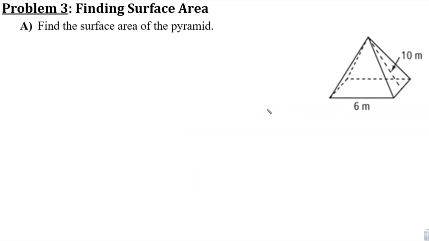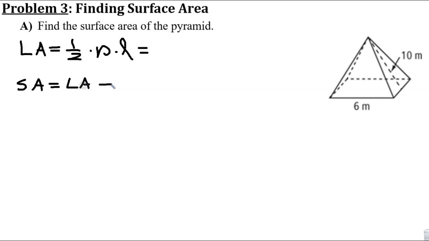All right, so problem 3, let's put those formulas to work. Find the surface area of the pyramid. Once again, LA is equal to 1/2 times P for the perimeter of the base times L for the slant height. And then SA is equal to LA plus B. Okay, so let's see what we have.